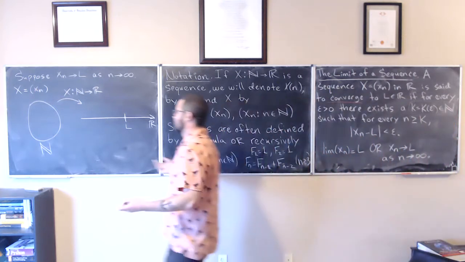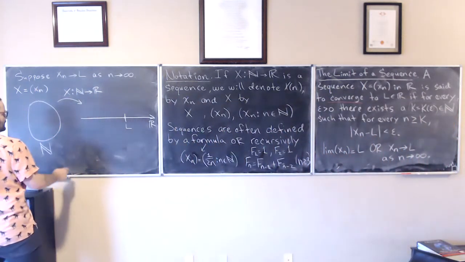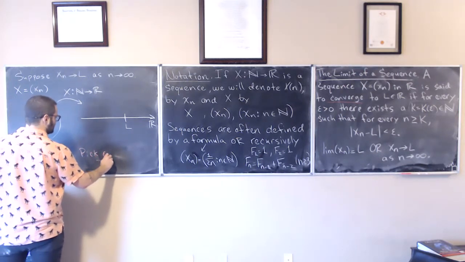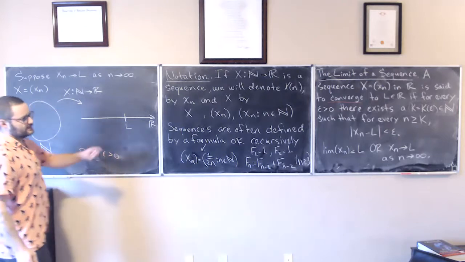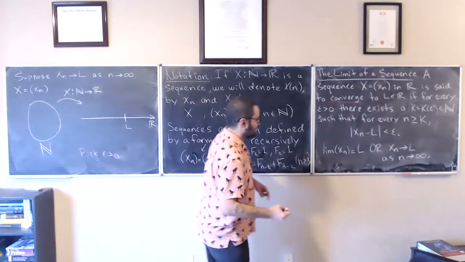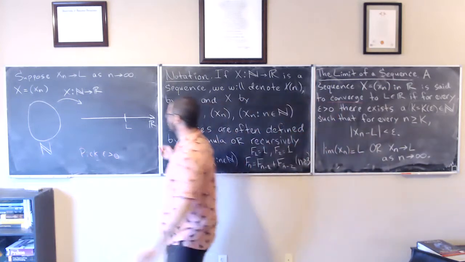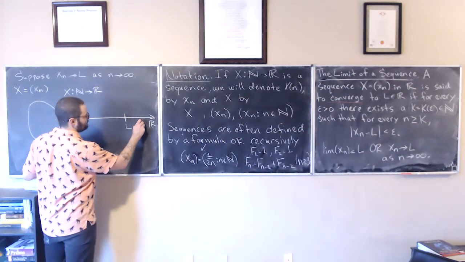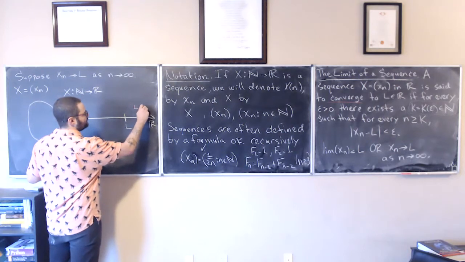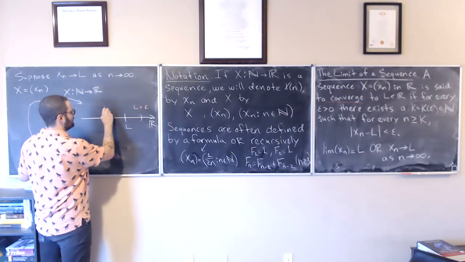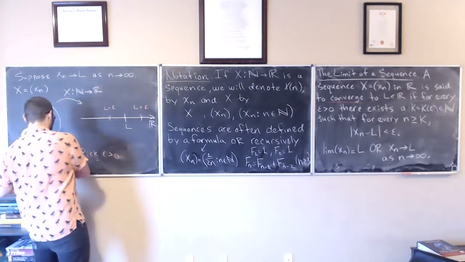Let's pick some arbitrary epsilon and look at distances around L. To the right, that's L plus epsilon, and this is L minus epsilon.